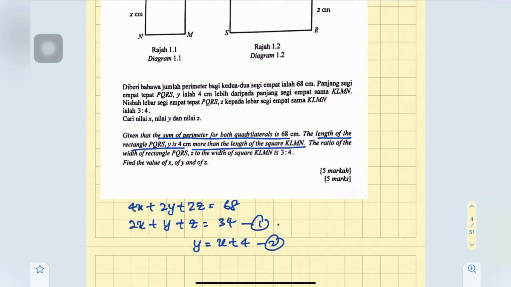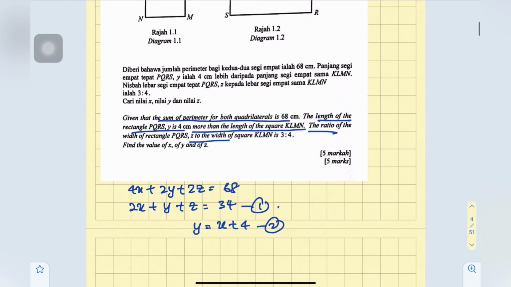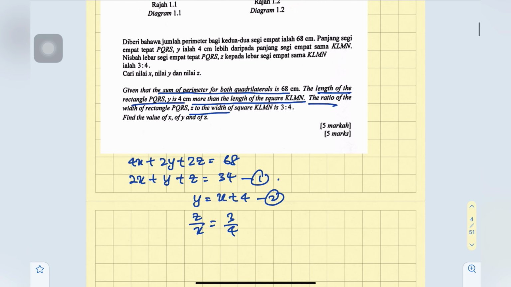Then the last one, the ratio. The ratio of z to the width of the square, meaning x. So z over x equals 3 over 4. We can make z the subject, so z equals 3 over 4 x.